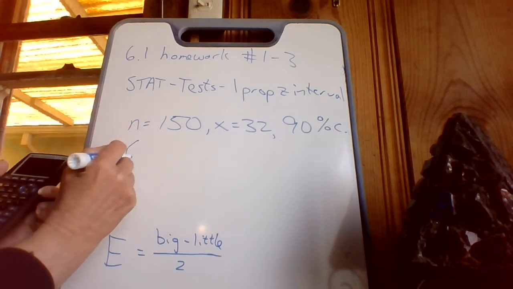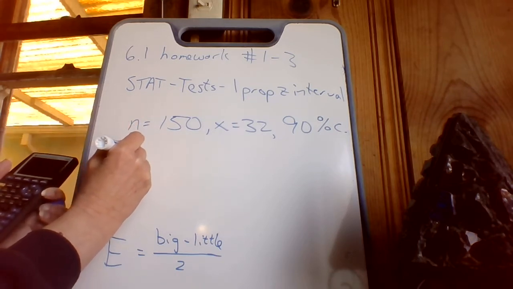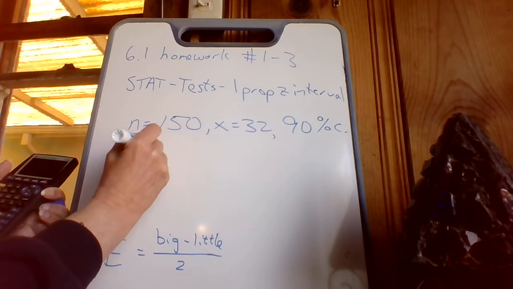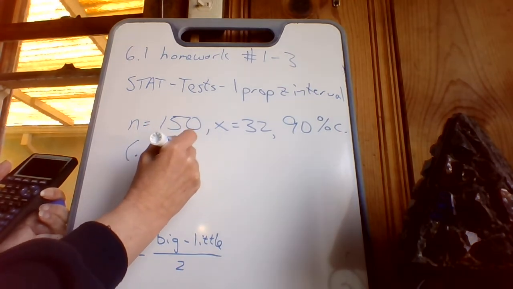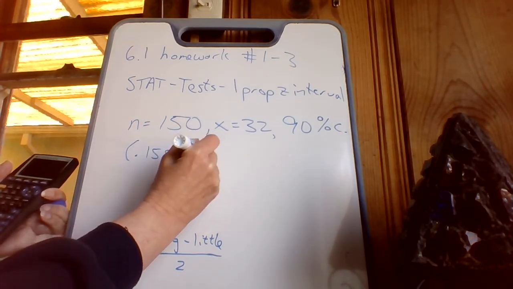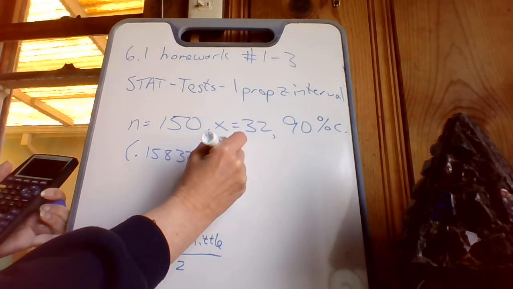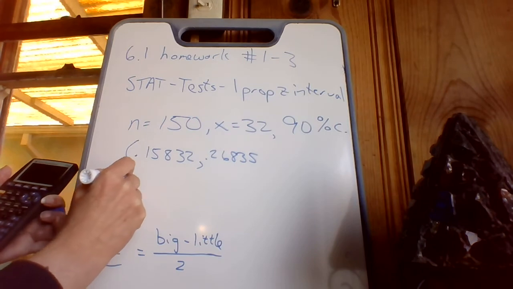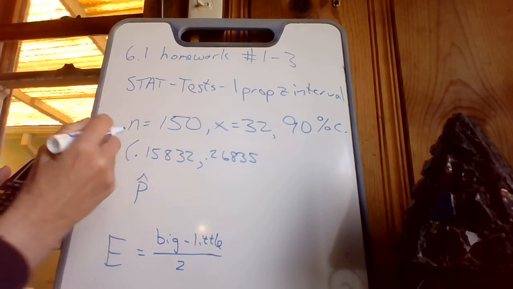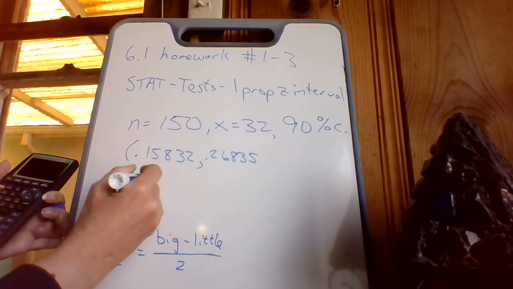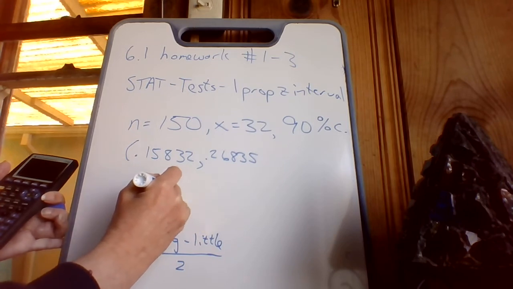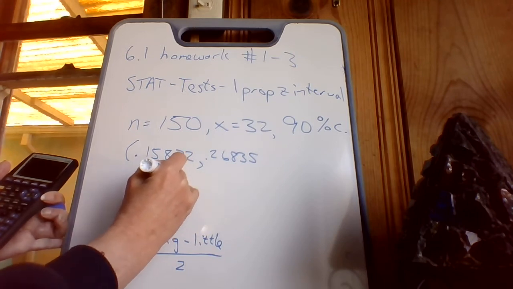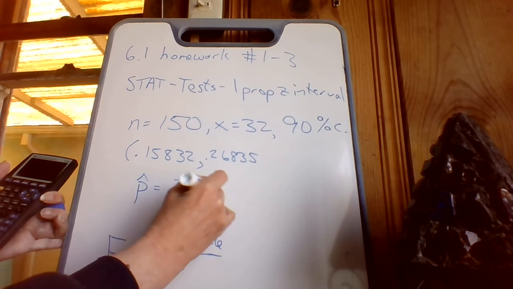What I said in the first one is we're interested in this answer in the parentheses here. 0.15832, comma, 0.26835. And then underneath that, it has a little p with a hat sign, which reduces to being like pixels. 0.2133.